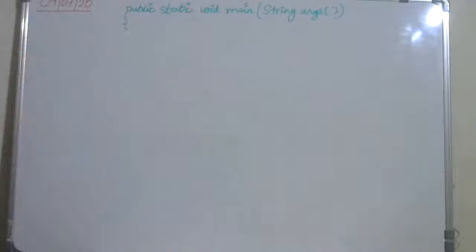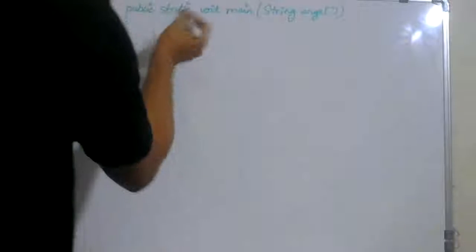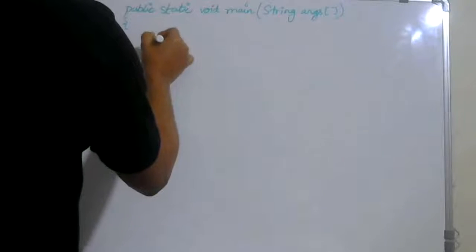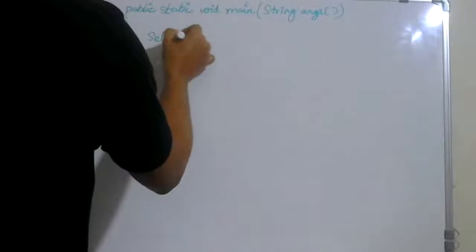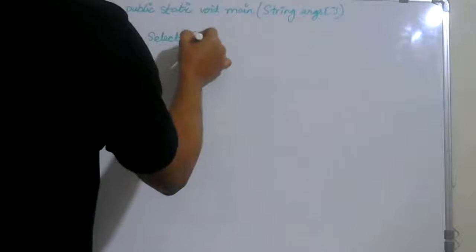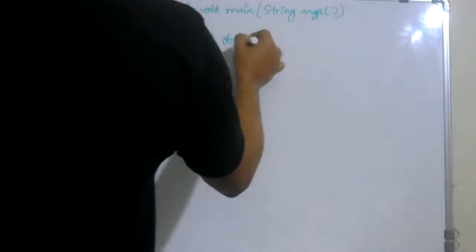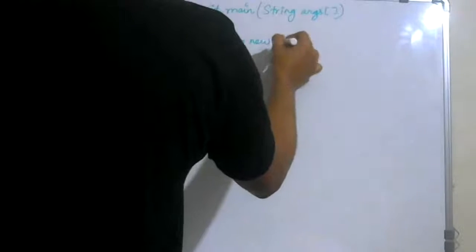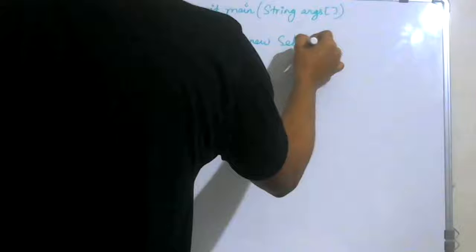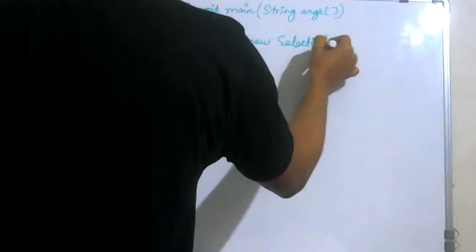Inside the main function we are not going to have any inputs, so we'll just define an object. The class was called selection sort, if you remember. I'm calling the object obj is equal to new, and we are calling the default constructor here.